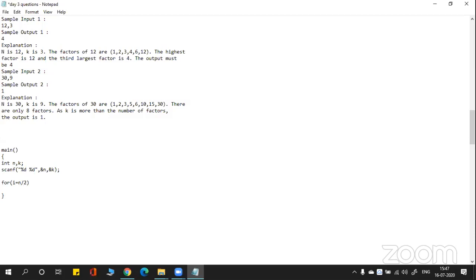Why am I telling you to start from i equal to n by 2? Because we can reduce half of the iterations. I'm starting from the end. So when should I stop? What should be my condition? Whenever I get to 1, I should stop.